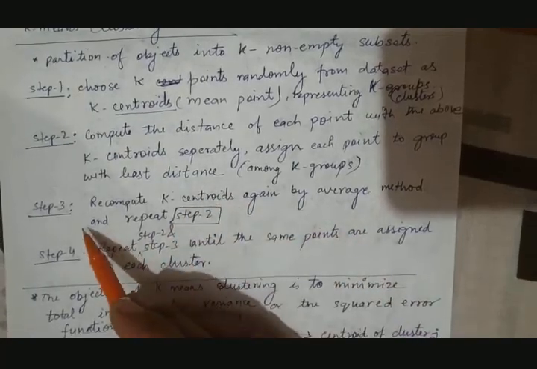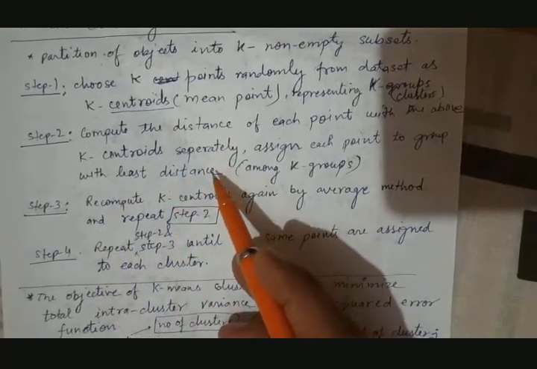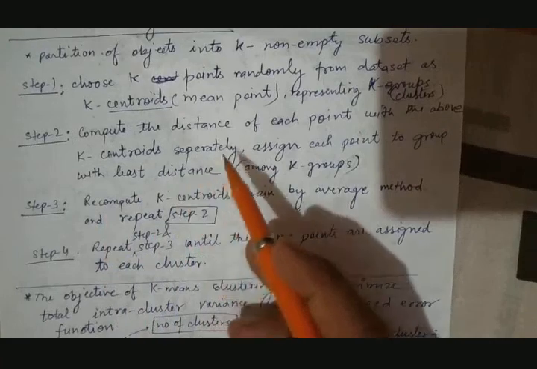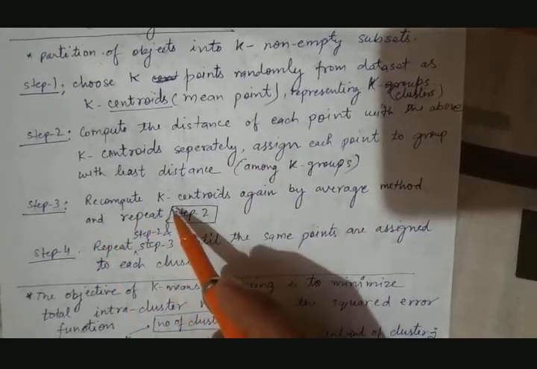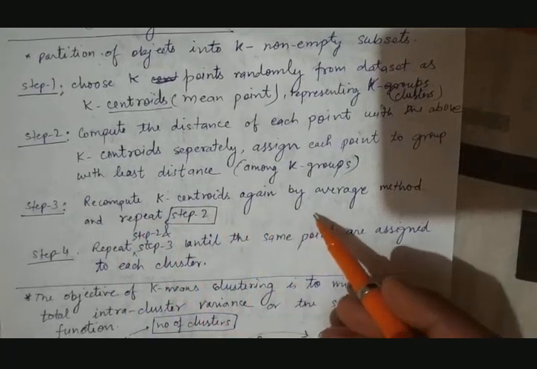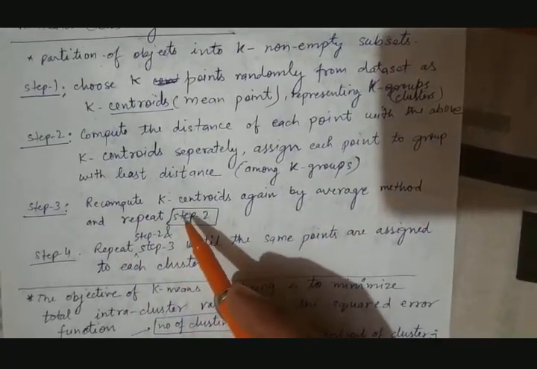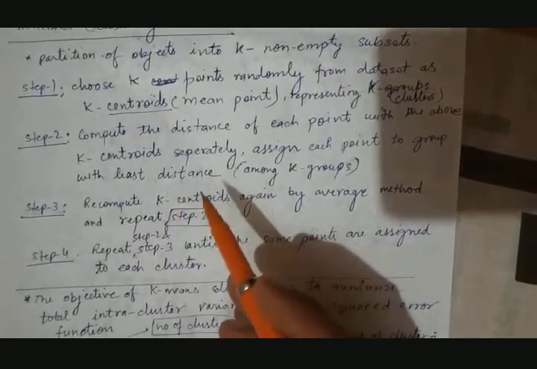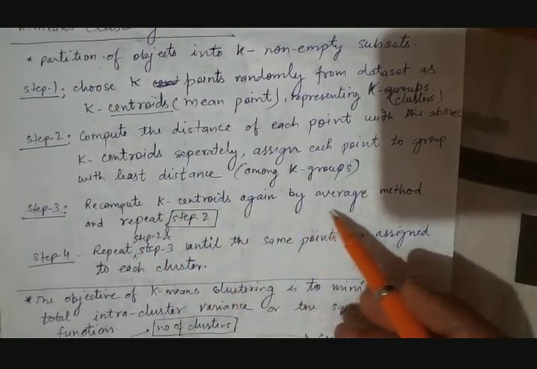Once we have computed all the distances and found the appropriate cluster number for each data point, step 3 is to recompute the K centroids by the average method and repeat step 2. Again we calculate the centroid values of those K groups, K clusters, using the average method.